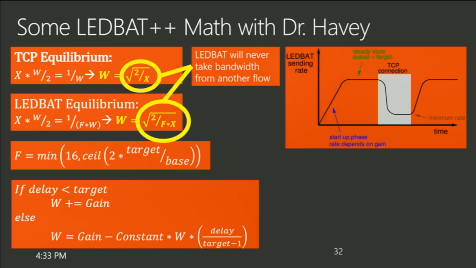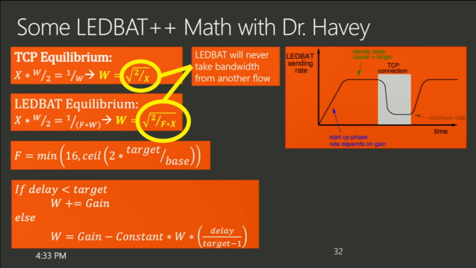So if you look at the equations here, the top one is TCP equilibrium. That big fancy word just simply means TCP running flat out at its maximum speed. So we have TCP running at its maximum speed, and then LEDBAT. You can see the only difference in these equations is we've made the denominator larger. If you make the denominator larger, then the window size is going to be smaller.